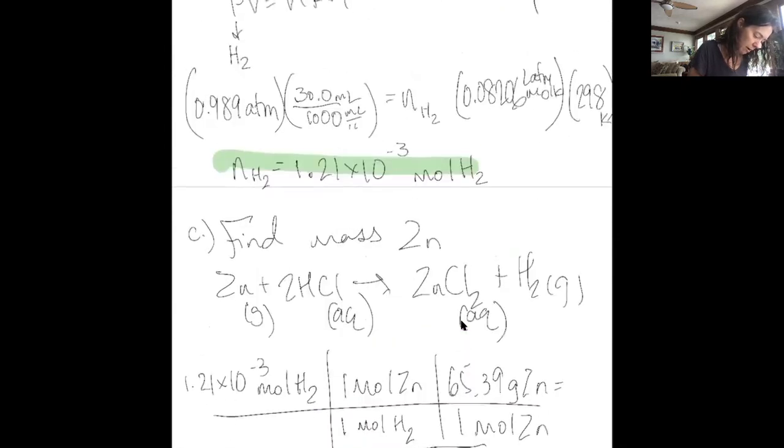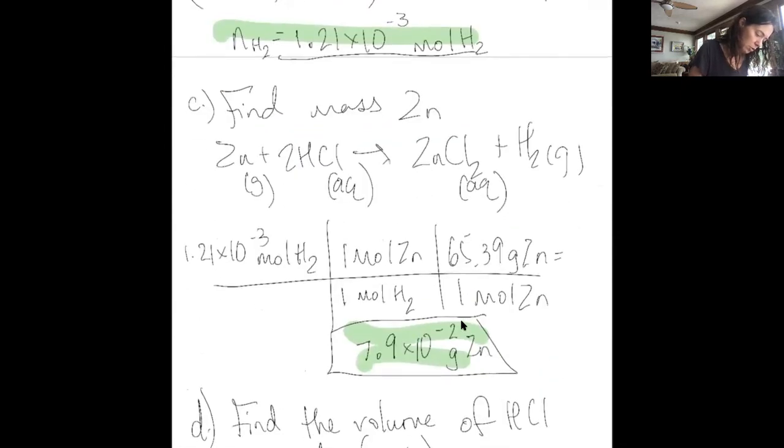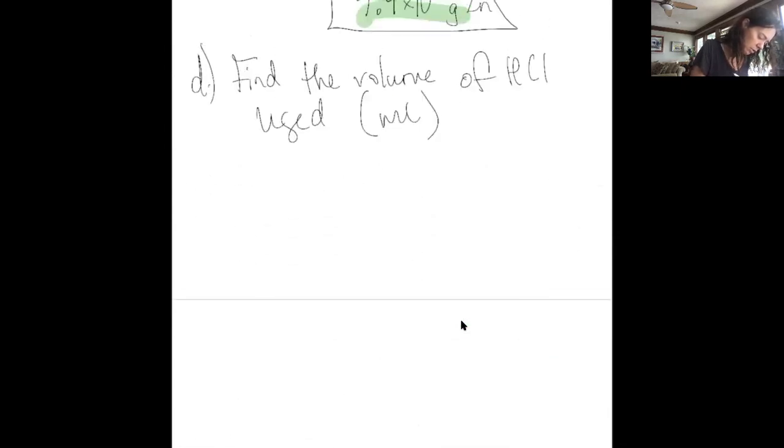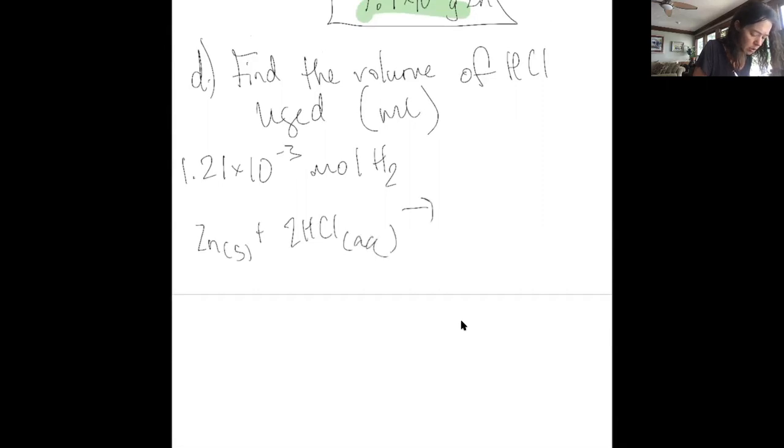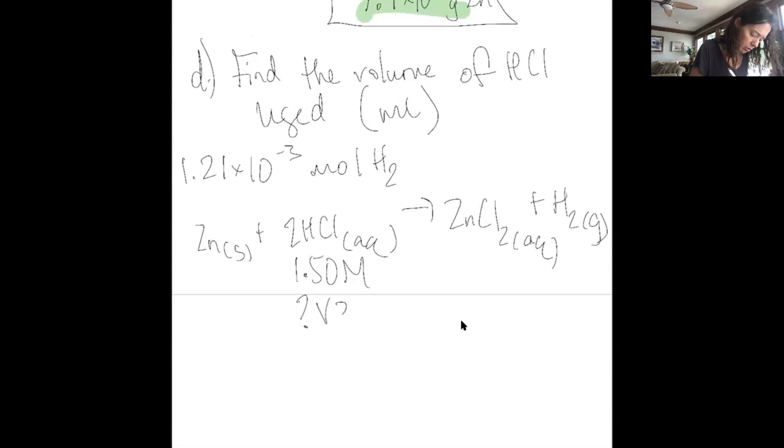We know that we have 1.21 times 10 to the negative third moles of H2. We know that zinc reacted with 2HCl and produced some zinc chloride that is dissolved and some hydrogen gas that we collected. We know that this was 1.50 molar, and we need to know the volume of it.